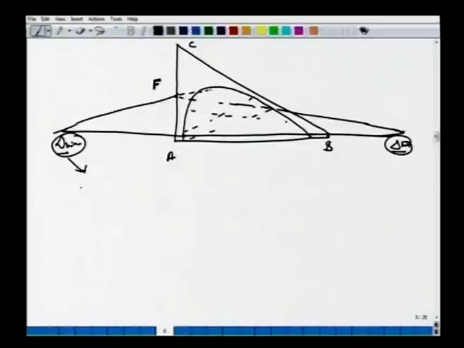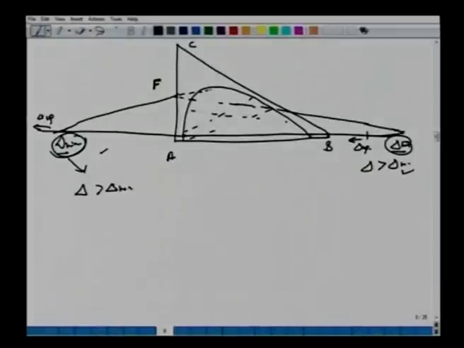More important is that if you take any del greater than this del min, then del operating will move in this direction. All right. So depending upon what type of system we have, one has to inspect the type of equilibrium curve and then locate this del min, either here in this case or in this case. All right. So that's the discussion we had for total amount of solvent.